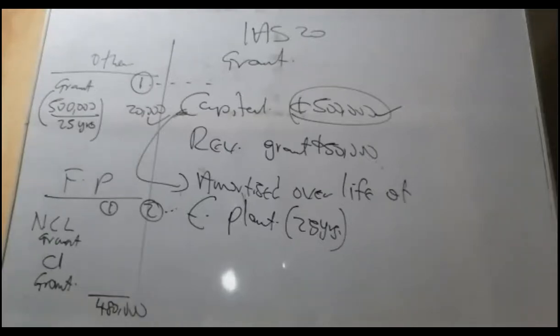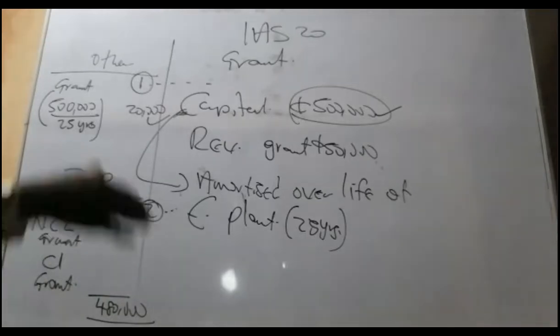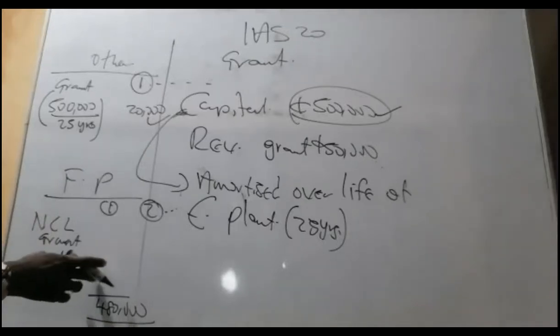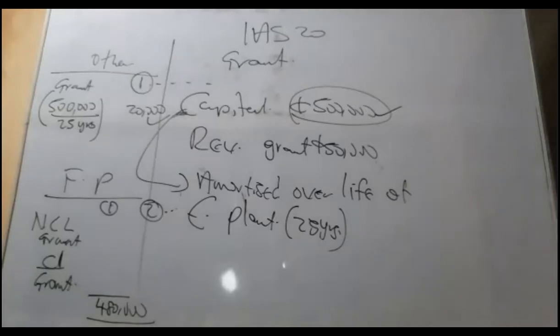And ask yourself that this 480,000 has to be broken into two. A portion must be at the current liability and a portion also be non-current. Just that always the current liability section is the one that we are going to release next year, which is what? 20,000.